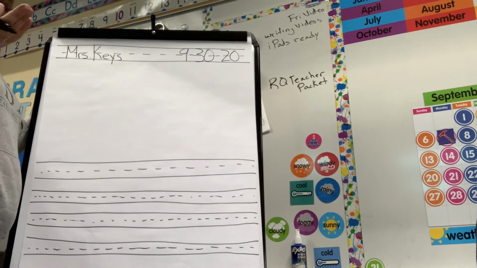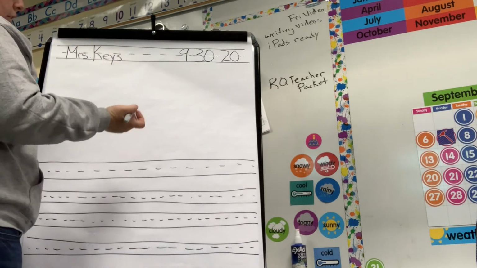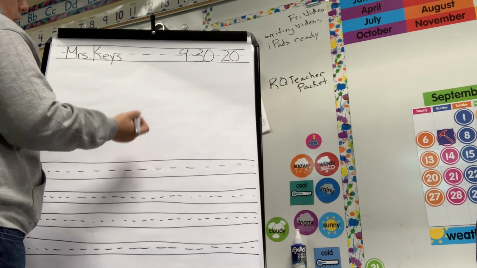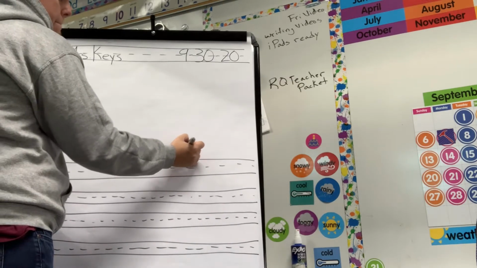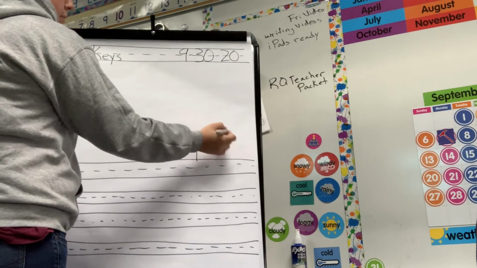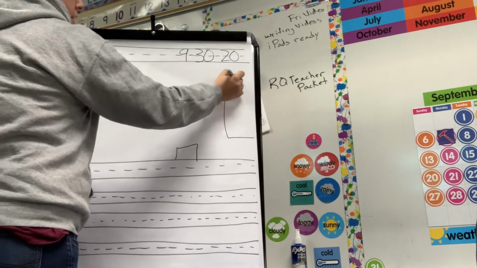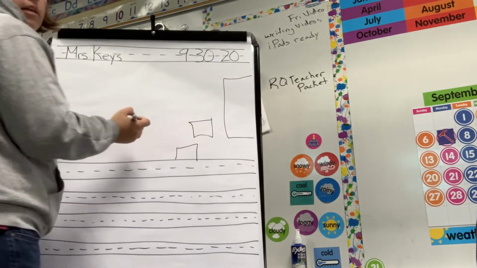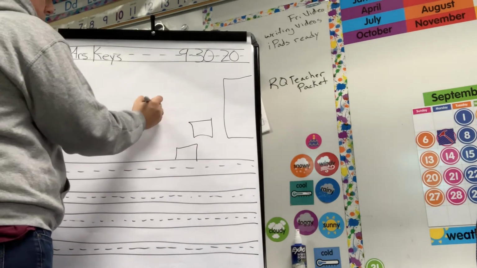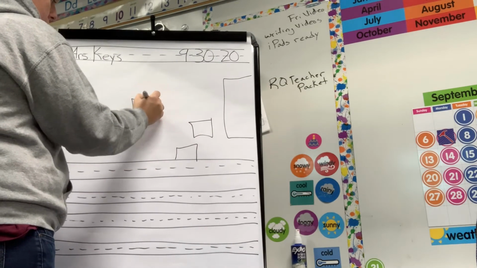Okay, so now I'm gonna draw a quick layout of our classroom. So this will be the back and this will be the front. We've got my desk. We've got cubbies. We've got a pod of desks here. And we've got a pod of desks here.